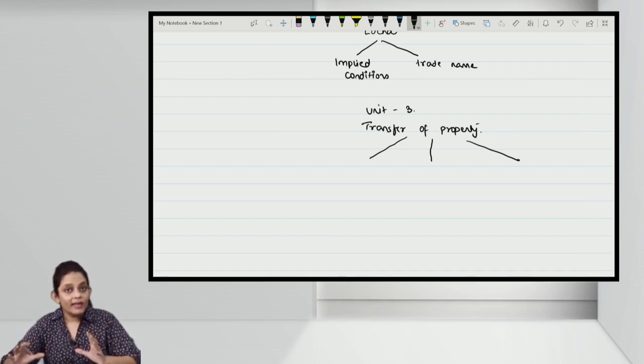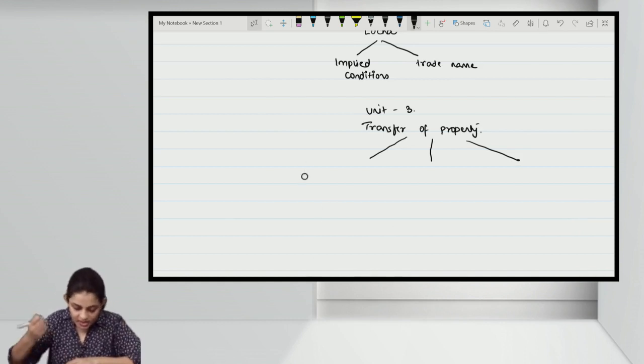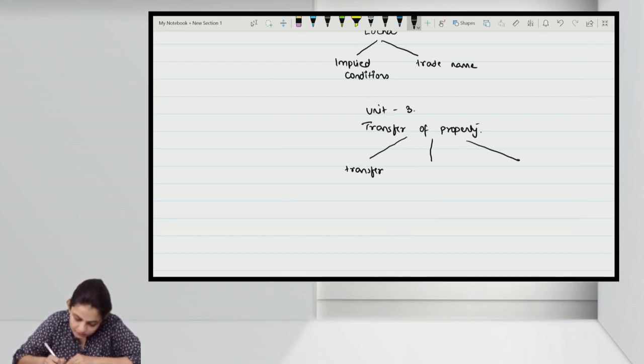Now, when I say transfer of property, transfer of property takes place in 3 stages, right? There are 3 stages or 3 steps in which transfer of property takes place. And what are these 3 stages or steps? First, transfer of property in the goods.